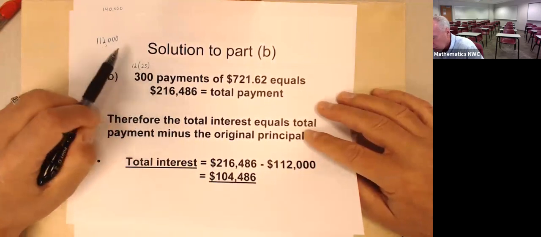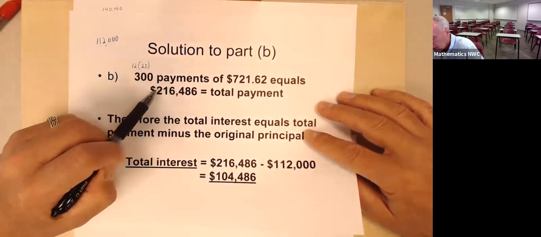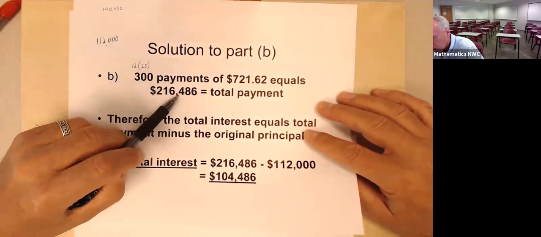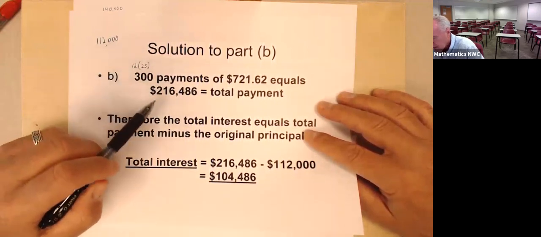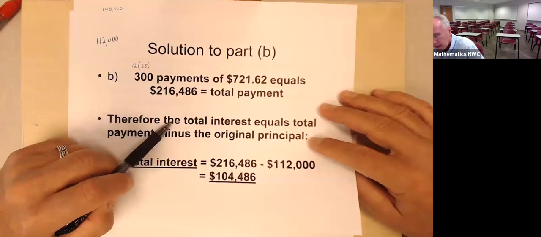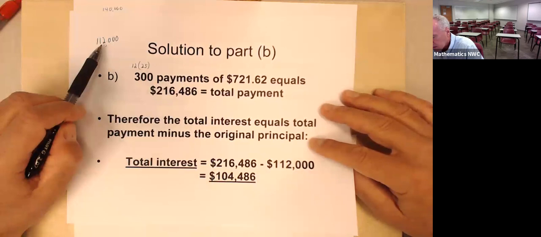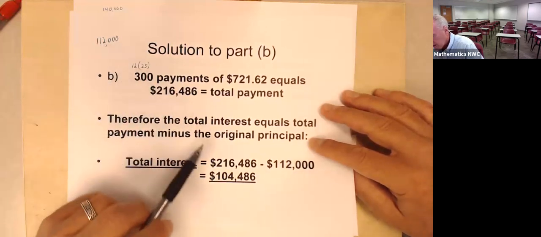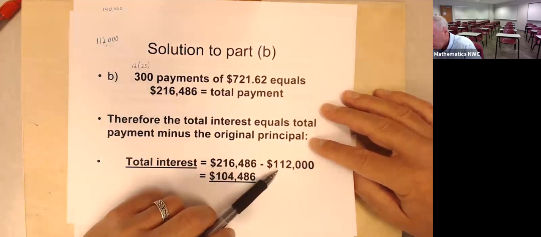It's because you don't pay back just what you borrowed. You pay back what you borrowed plus interest. That's why here you end up paying more than what you borrowed. That's standard procedure. So the total interest is going to be this total amount you paid minus what you borrowed. So you ended up paying this much back in 25 years. You borrowed $112,000.